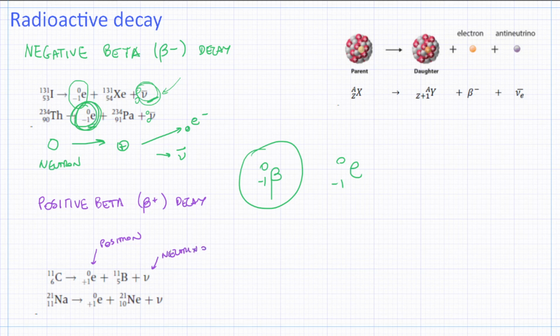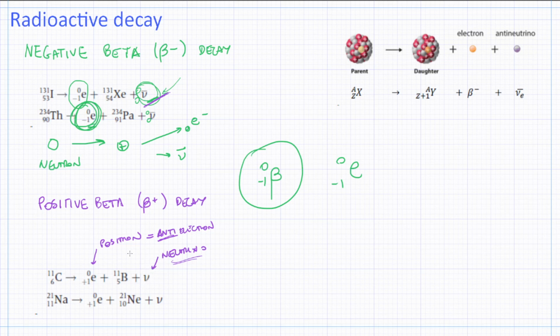Now, the positron is the same thing as the anti-electron. So the anti-electron, you always have one which is the antiparticle, and this is not antiparticle, this is neutrino. But in this case here, you have an antineutrino and an electron. So you have a particle and an antiparticle. Here it's an antiparticle and a particle.